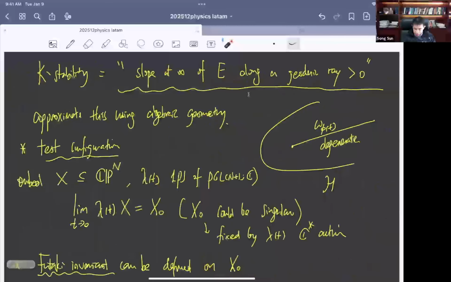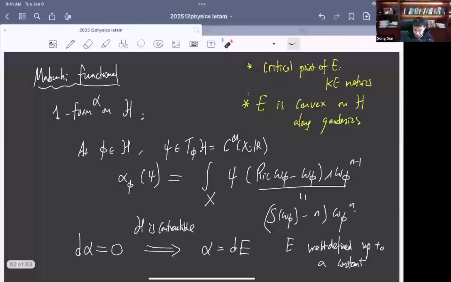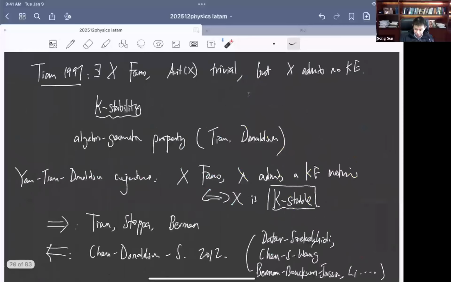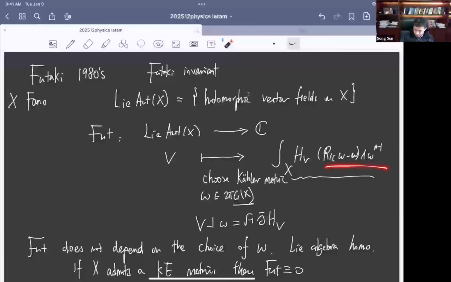But why does this have to do with Mabuchi? Futaki and Mabuchi, how are they related? If you look at the formula, they're closely related, because the derivative of the Mabuchi functional is like this. Okay, and the Futaki invariant is just the same formula, except this function is the Hamiltonian function for the vector field.